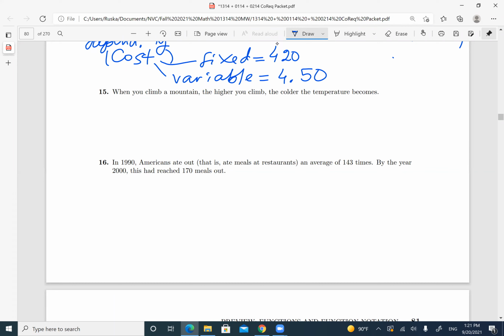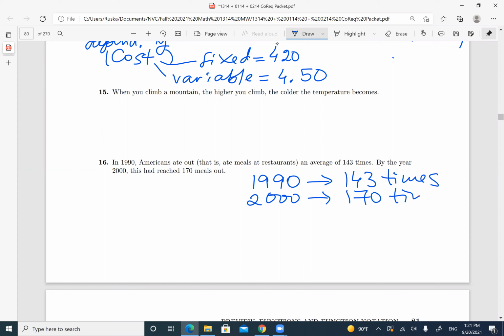The average, mu, right? So what you have is in 1990, 143 times, and in 2000, 170 times. Okay, so which one is dependent and which one is independent?